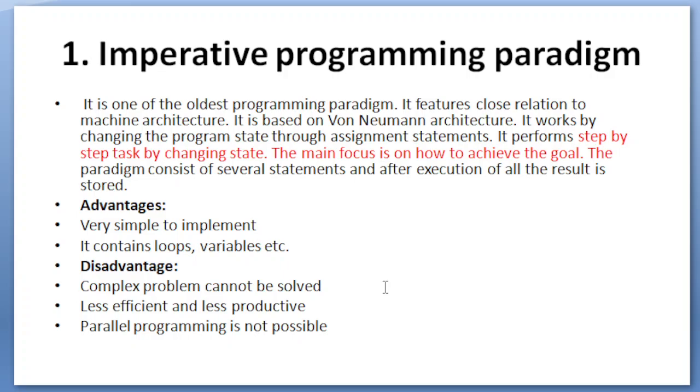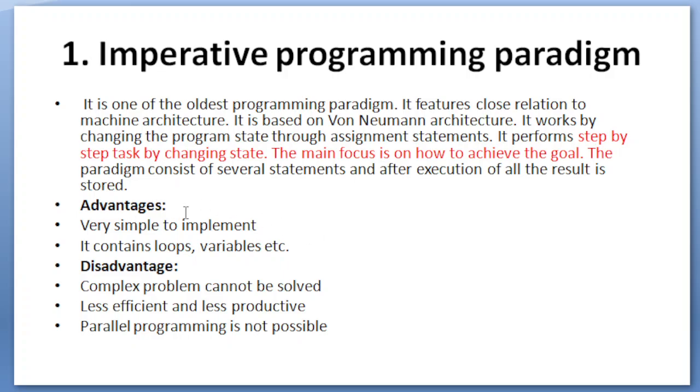The main focus is on how to achieve the goal. In this imperative programming paradigm, we look at each step by step and how we can achieve the goal, so we have to analyze each step. Then only we can reach the exact destination.